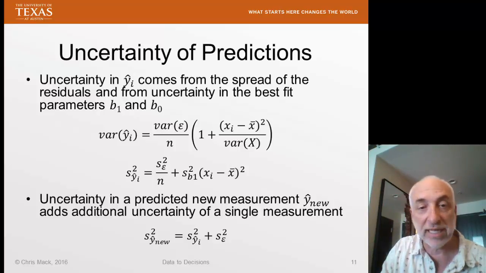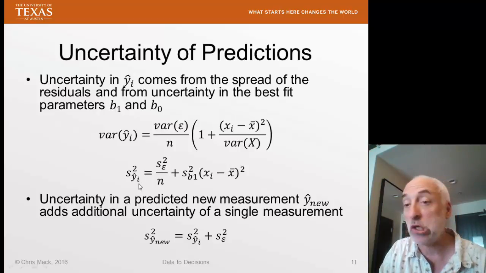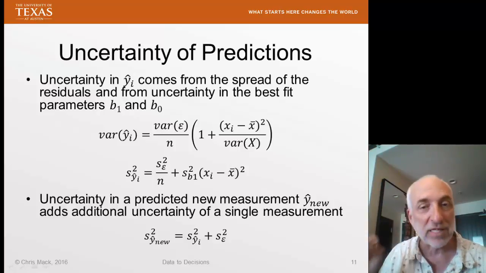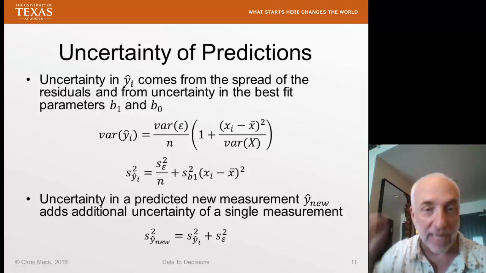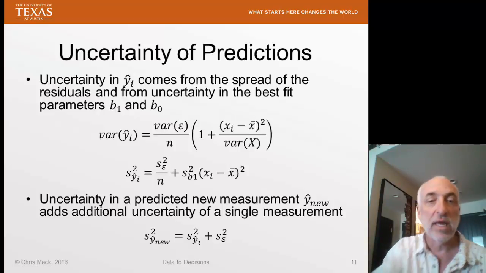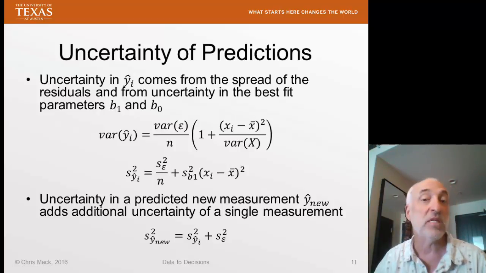Now this is the uncertainty in y hat. Y hat, remember, is the mean value. If I run an experiment over and over again, that's the mean value I'll get. And this is the uncertainty in my ability to predict that mean value.